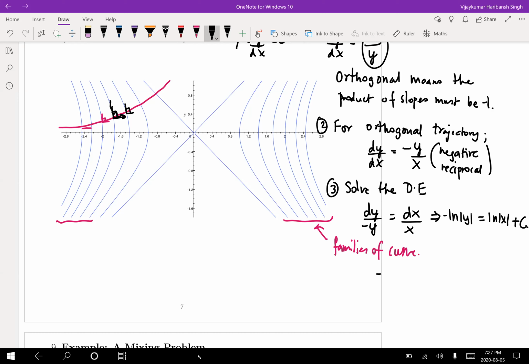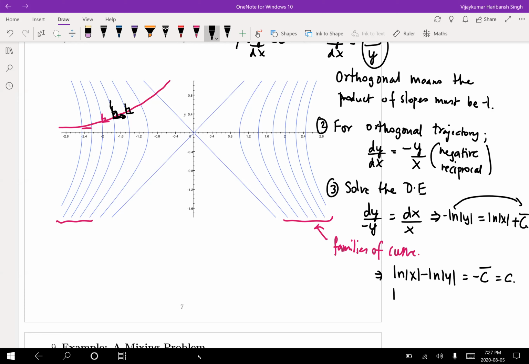So this would imply, bring it on one side. Let's bring this on this side and c on the other side. So we have ln of x minus ln of y equals another constant. Let's call it c bar.